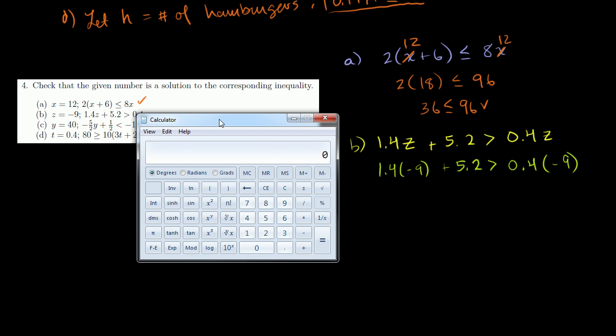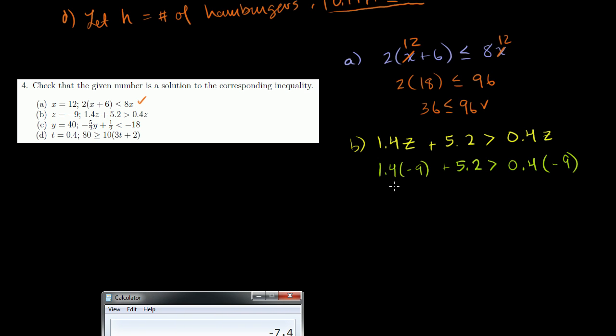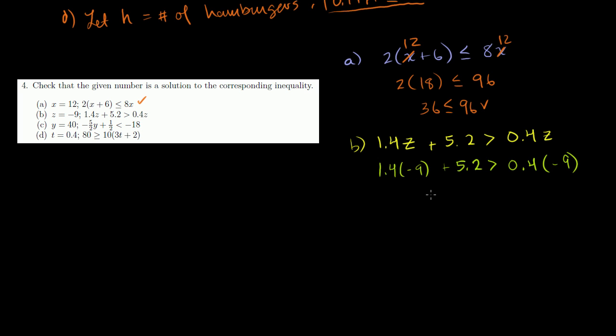So on the left-hand side, we have 1.4 times negative 9. That's equal to minus 12.6. So this is minus 12.6 plus 5.2, which is equal to negative 7.4. So this left-hand side is negative 7.4. And then they're claiming that that is greater than, this I can do in my head, 4 times 9 is 36. I'm going to have to put a negative sign because it's a positive times a negative.